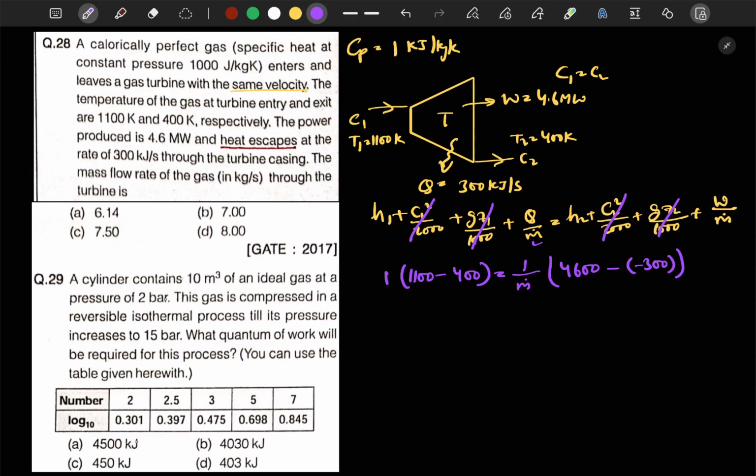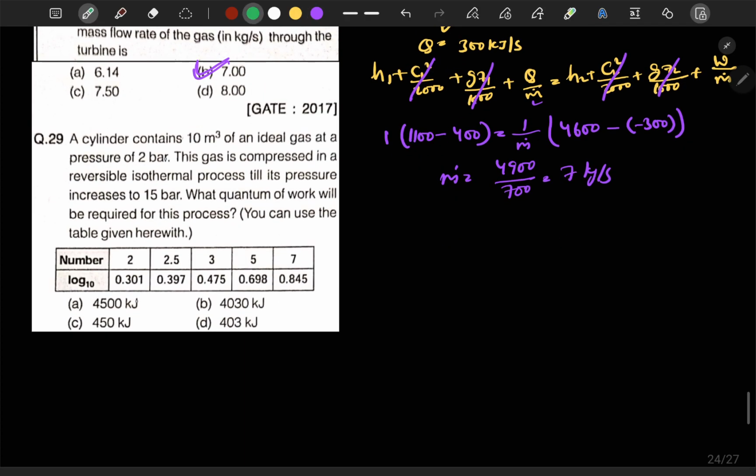We can calculate m dot is equal to 4900 divided by 700, which is 7 kg per second. So the option is B.